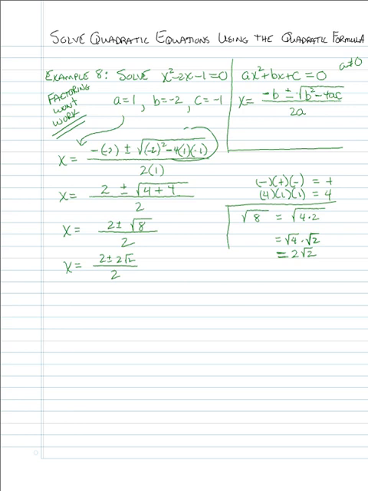Now, let me remind you, and I've probably reminded you before, let me do this before we finish out this problem. If we had 5 plus 10 divided by 5, everybody knows that 5 plus 10 is 15, and 15 divided by 5 is 3.